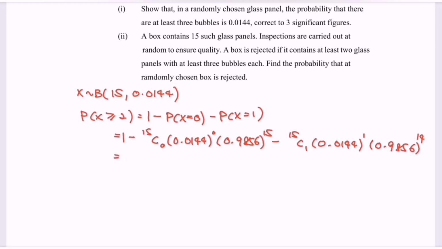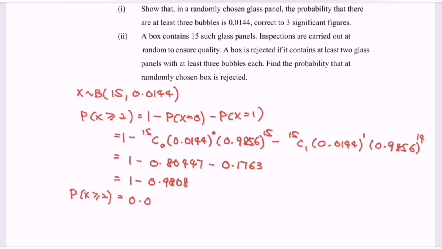Make use of the calculator: 1 minus 0.80447 minus 0.17630. If we sum up, we will have 0.9808. Finally, the probability that X is greater than or equal to 2 will be equal to 0.0192. So that is the probability that a randomly chosen box is rejected.